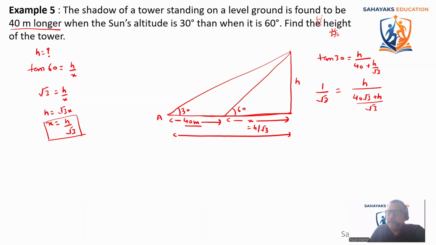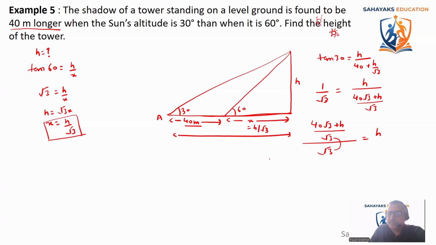Okay. Now I'll cross multiply it. So it comes as 40 root 3 plus h, divided by root 3, divided by root 3 is equal to h. Now this will get multiplied here.